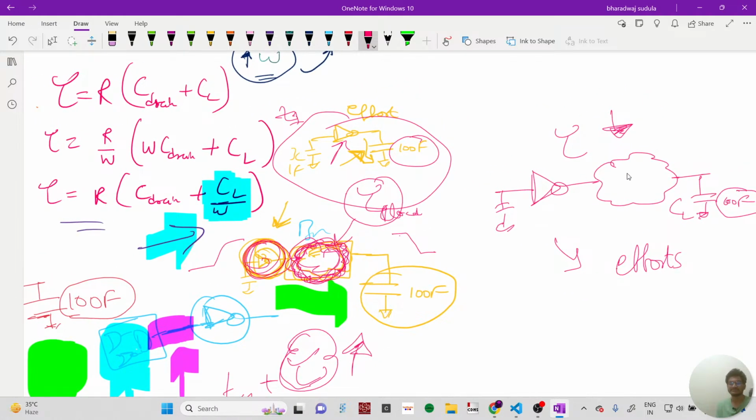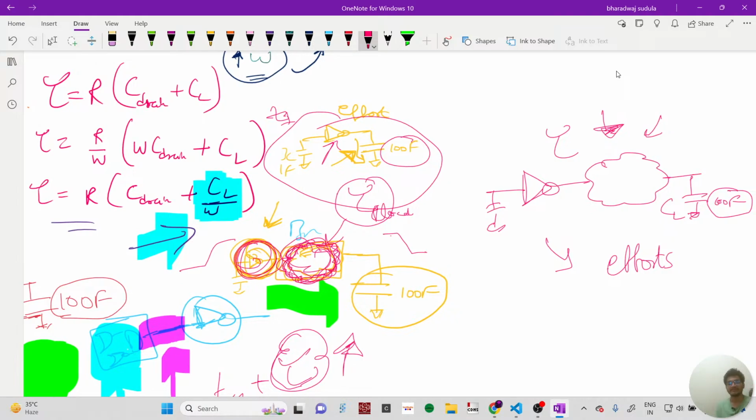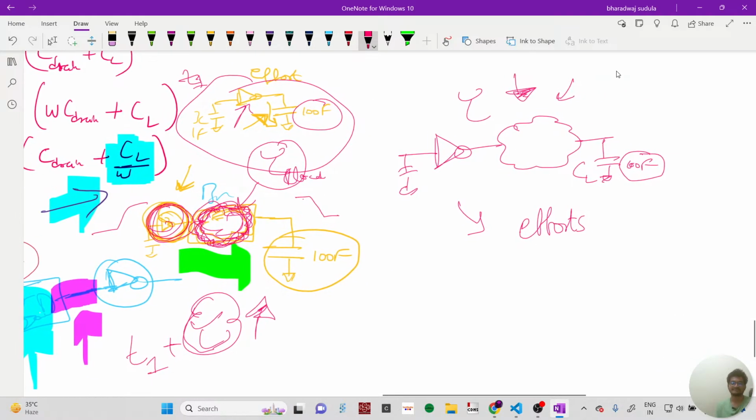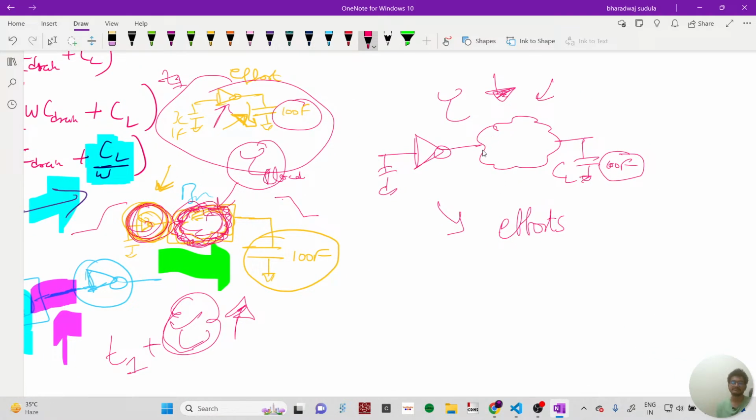So this is the thing, and we get to know that this cloud will contain only specific logic gates, and we'll discuss why only those gates. Okay, so I'm saying that if we include some logic gates in this, the delay of charging or discharging this capacitor will reduce. So what are those gates? Is it a XOR gate, NAND gate, AND gate, or a NOT gate? We don't know, we'll see.